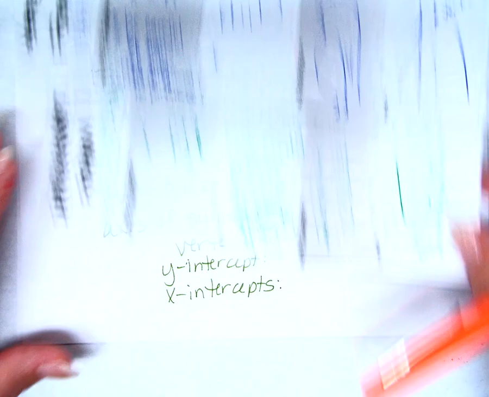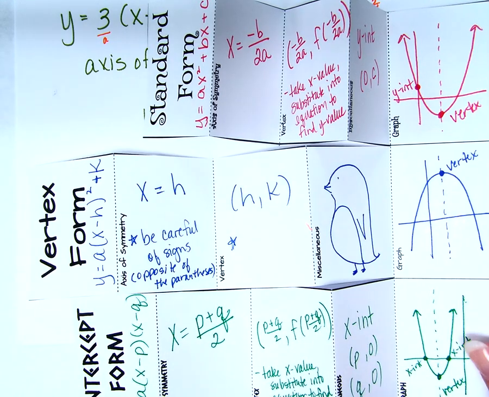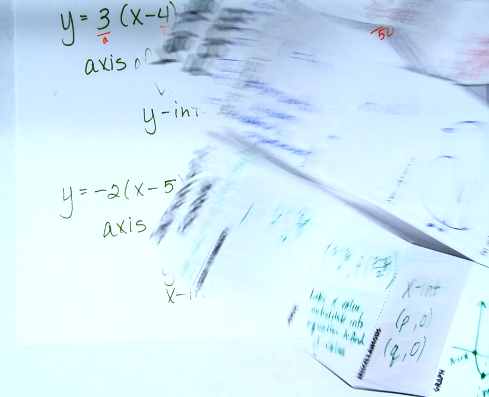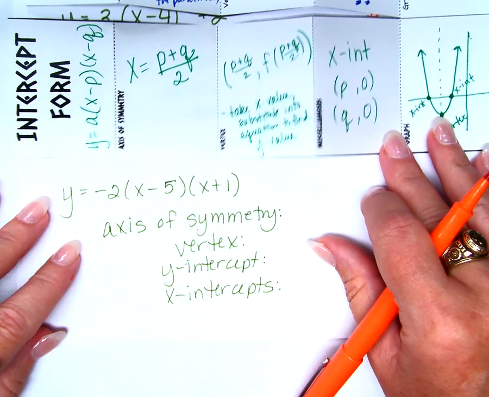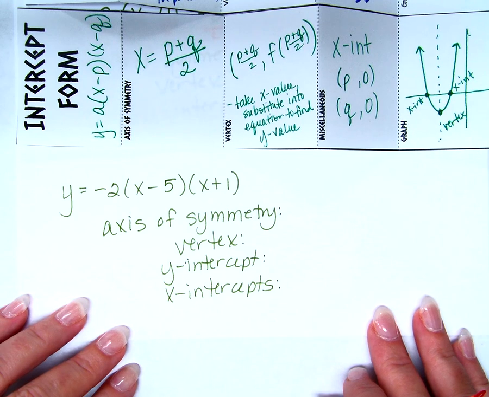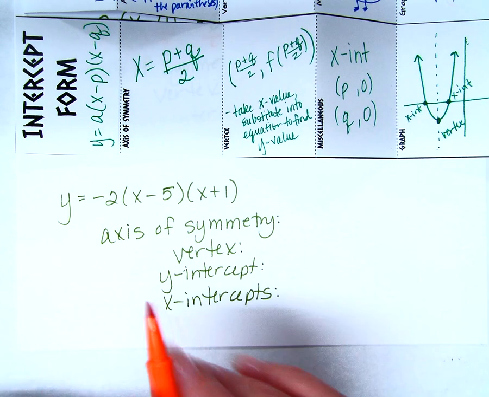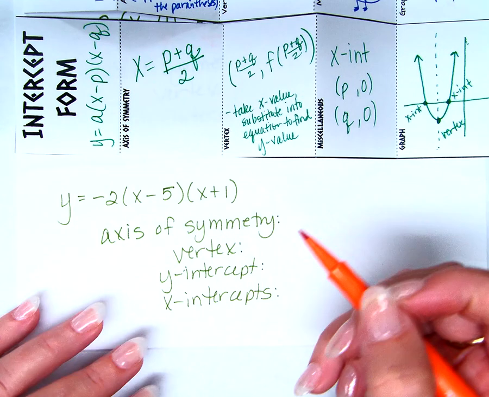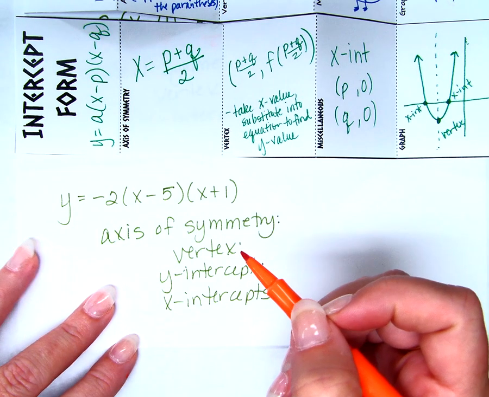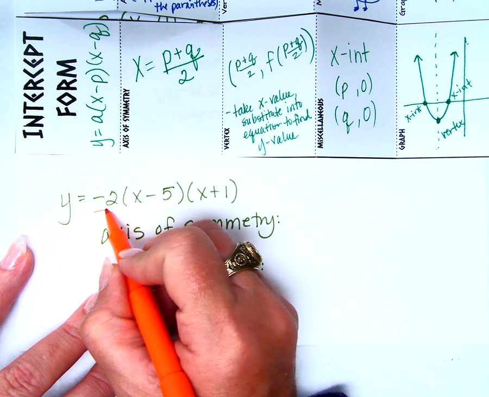What form is it? Intercept form. So we're using this last tab right here. What do you think we ought to identify first here? What you know, right? So what do I know? What's this?